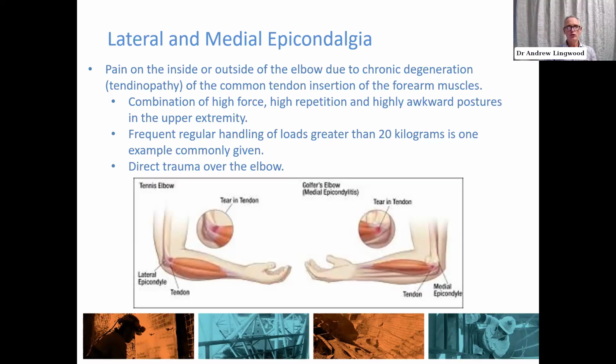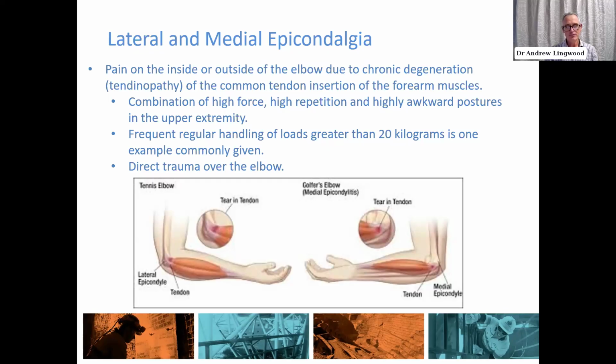So these conditions refer to pain on the inside or outside of the elbow. We know now, though, that this relates to a chronic microdegenerative, wear and tear type process in these tendons where some of these muscles from the forearm insert into the elbow. It's not thought to be an acute inflammatory condition anymore.